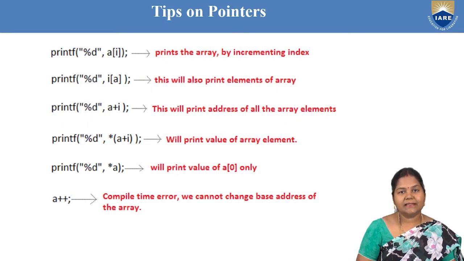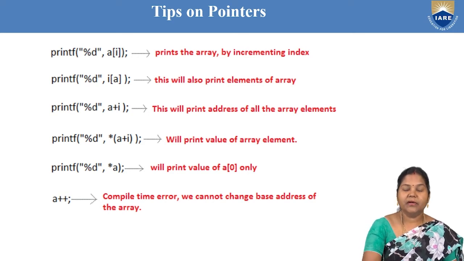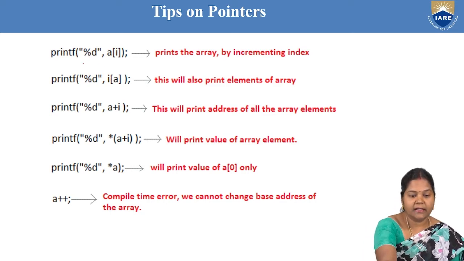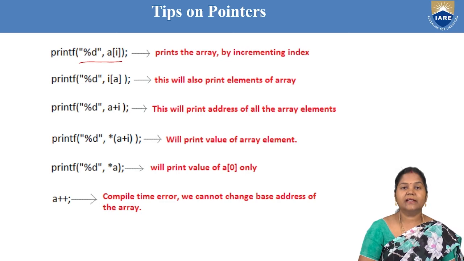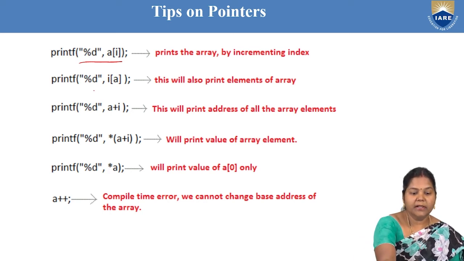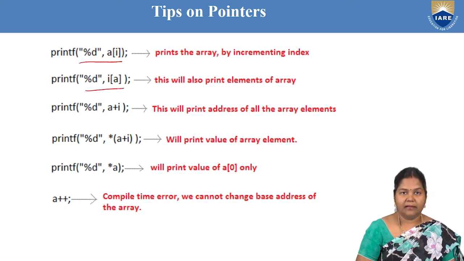Now let us understand a few tips while using pointers. Suppose I want to display the element at the ith index, how should I write? I can write printf("%d", a[i]). That means the value at the ith index of the array a will be printed. Now if you write i[a] with %d to print the integer, this will also print the same element.